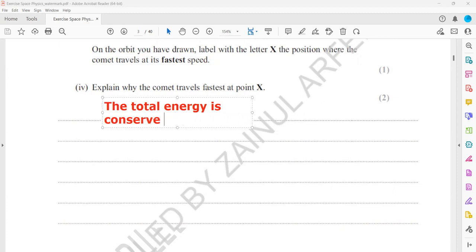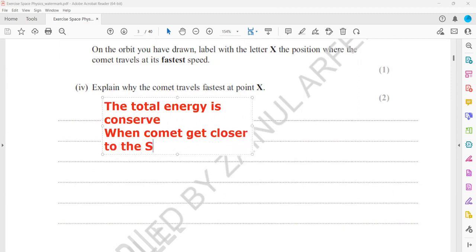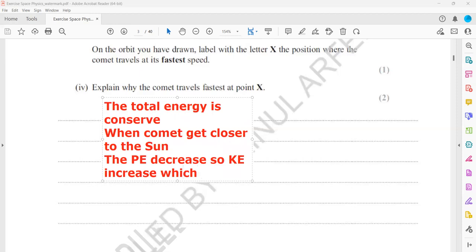So when the comet gets closer to the sun, the potential energy decreases, so kinetic energy increases, which results in an increase of speed. That's why the speed of a comet increases.